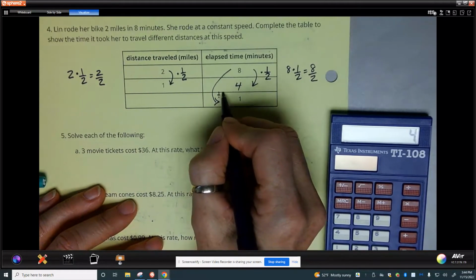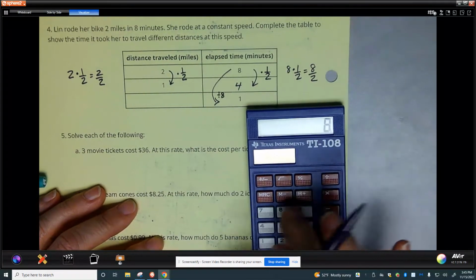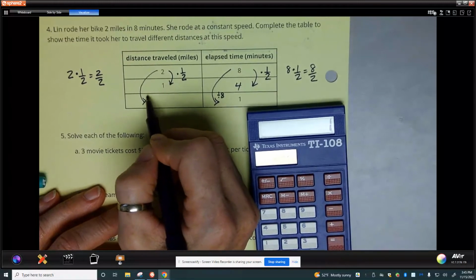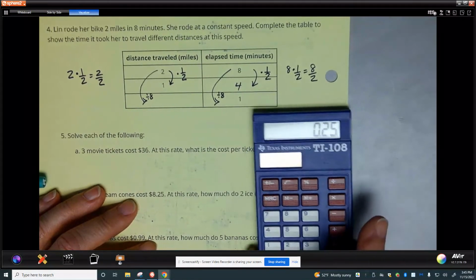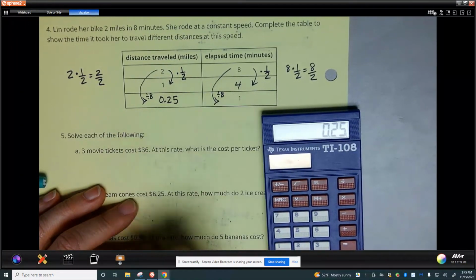So that's 8 divided by 8, which equals 1. I can double check. 8 divided by 8 equals 1. Good. Which means I also have to do 2 divided by 8 on the calculator, and you end up with 0.25.